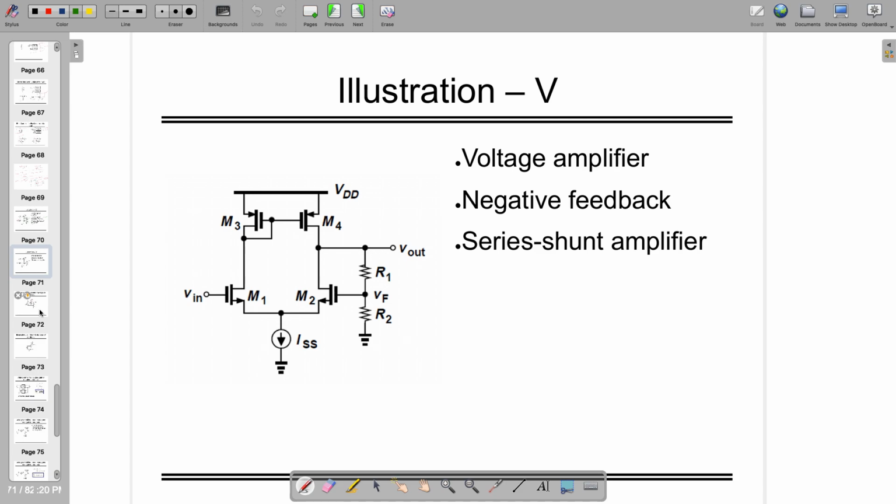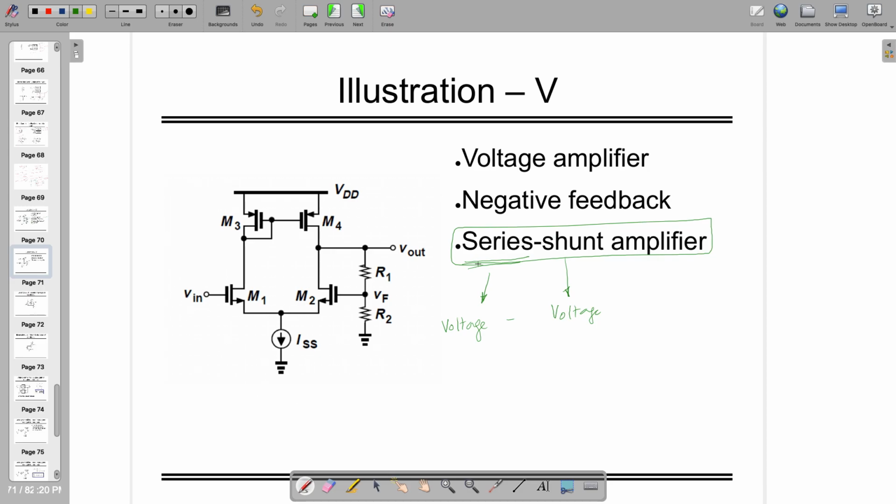So these answers are like, it's a voltage amplifier, negative feedback, and when we are doing this, you can see that the input side is voltage, and what I'm picking up is also voltage, so it's a voltage amplifier. In negative feedback, this is showing the topology which is series shunt, right?